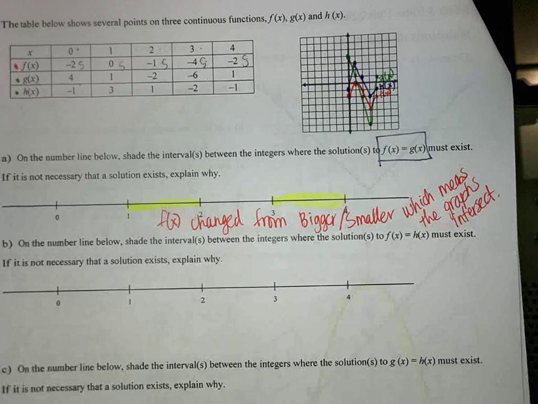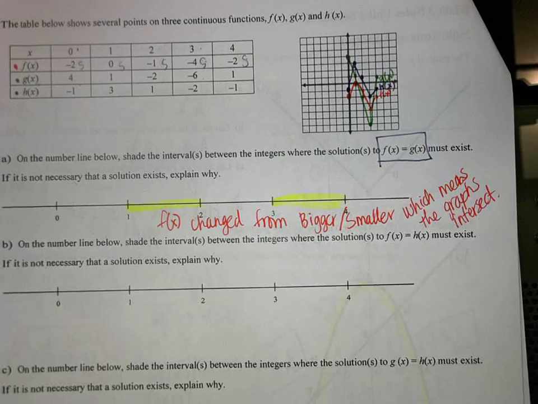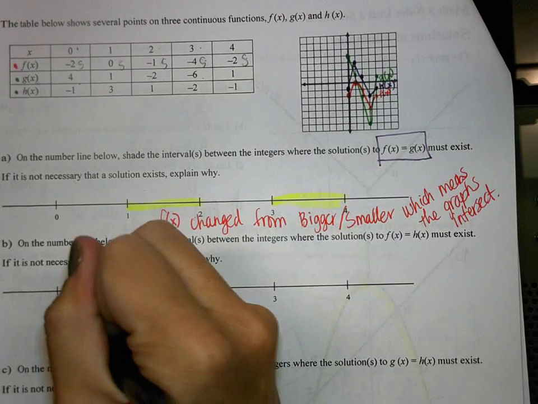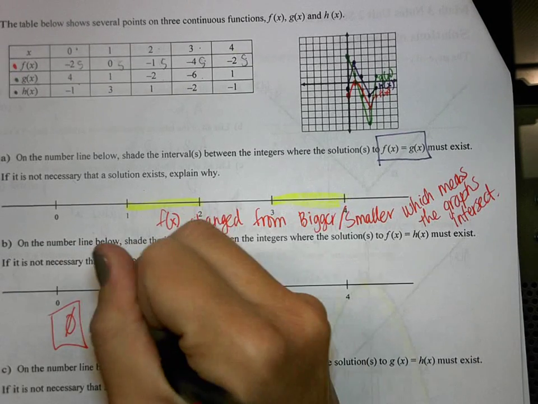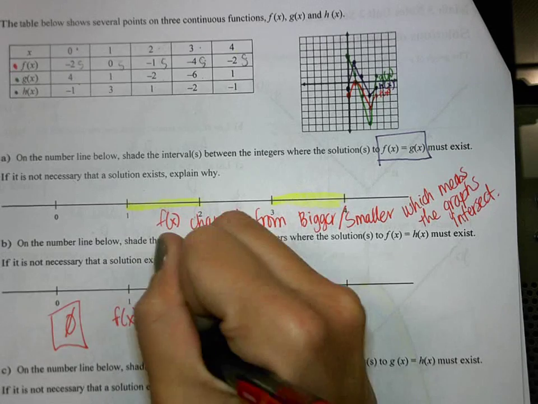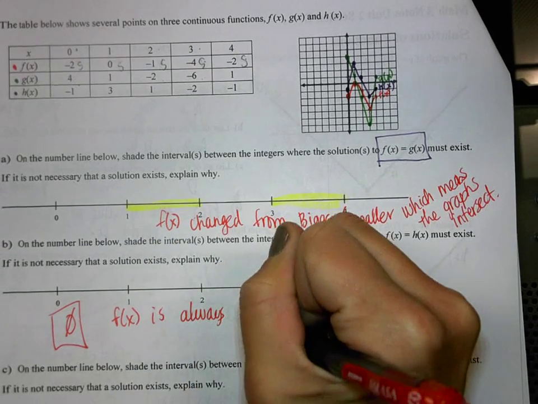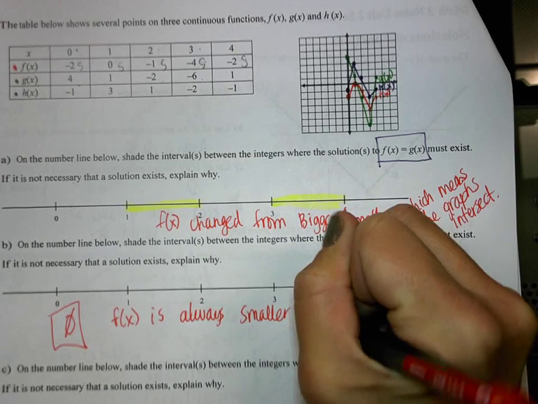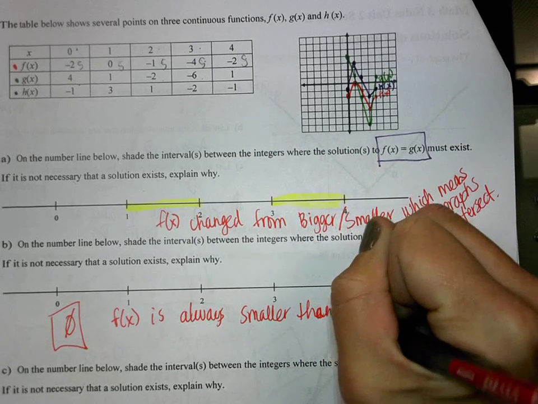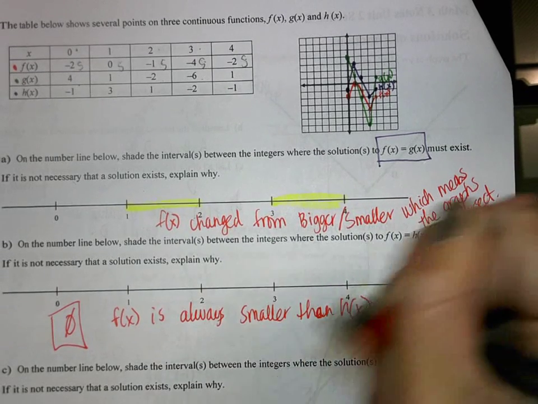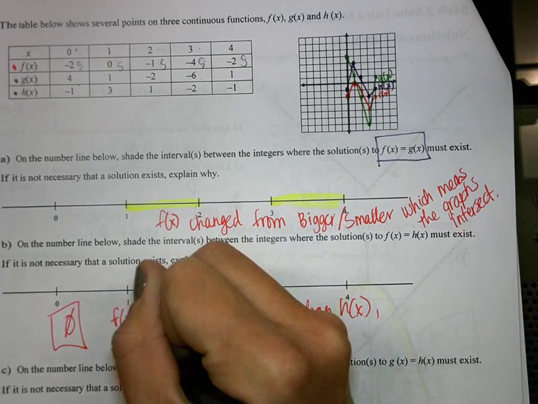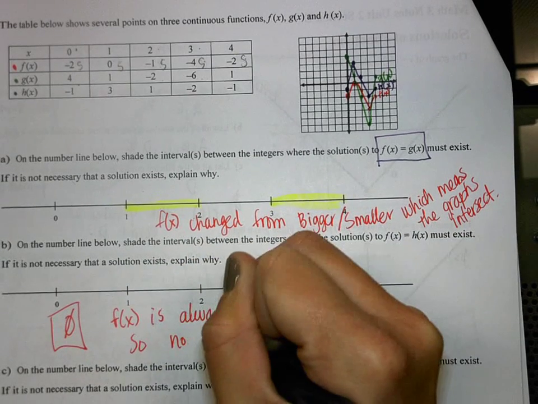No. So that means on this one, the answer would be no solution. And I'm going to write f of x is always smaller than h of x, so no solution exists.